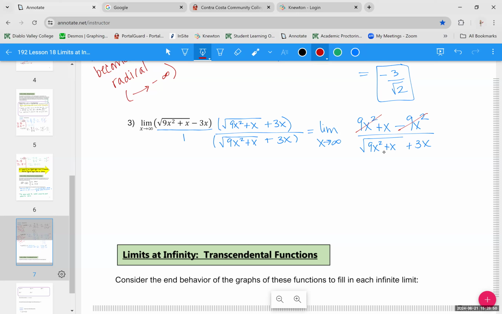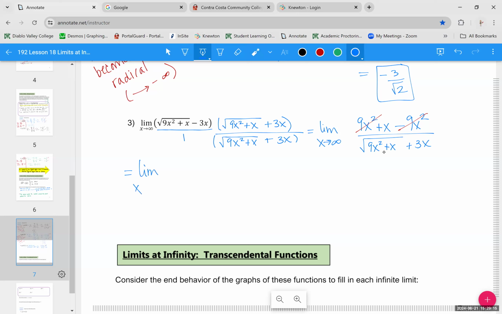So we're going to apply this again, the same technique. Our highest power in the denominator, we have an x squared under a square root. So that's like an x to the first, which is the same as plus 3x. So we're going to divide by an x squared under the square root. Because I'm approaching positive infinity, that will just be plain old x on the outside of the square root.